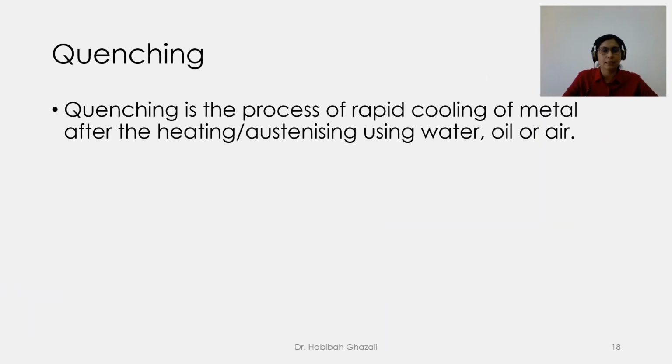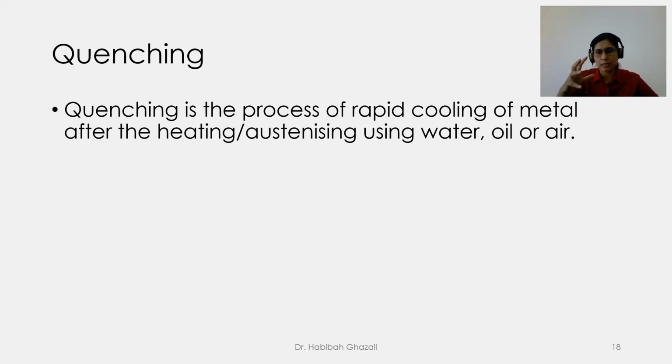Quenching process is the rapid cooling of metal after austenizing using different quenching media. So the most popular quenching media are water, oil, air, and also brine. Brine is a mixture of water with salt.